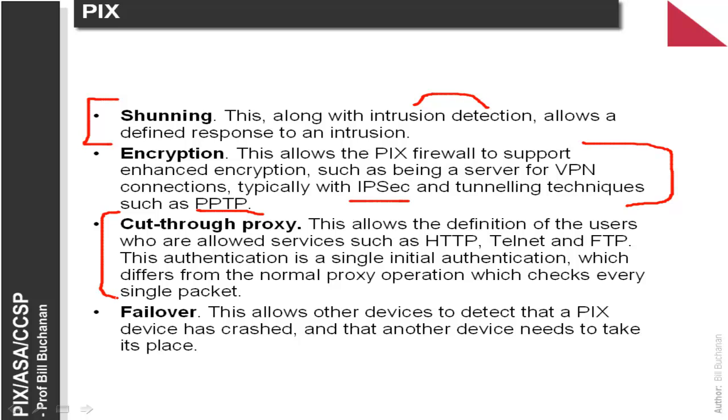It does cut-through proxy. Cut-through proxy allows a single user authentication or service authentication through a proxy, and then the user is authenticated to use that service. And as firewalls are so important, it allows failover devices.